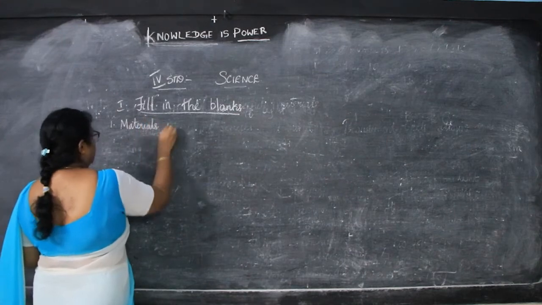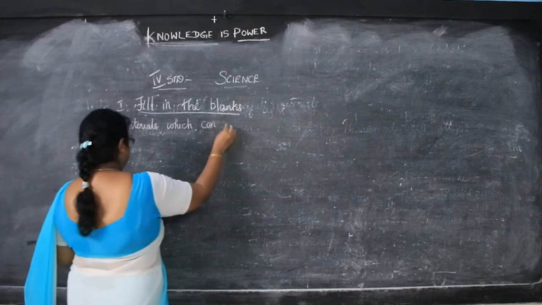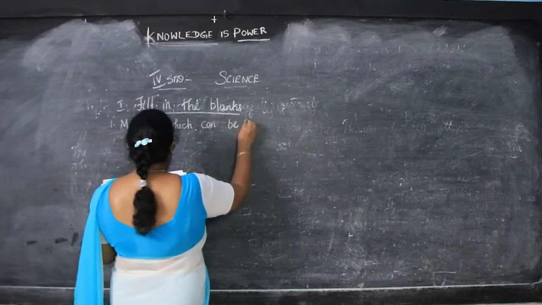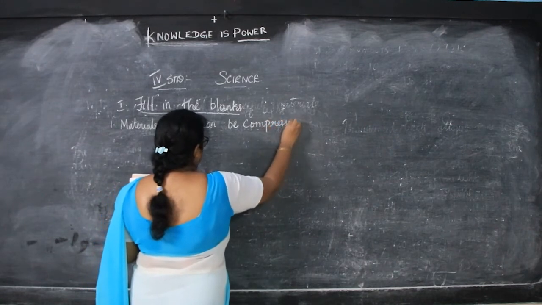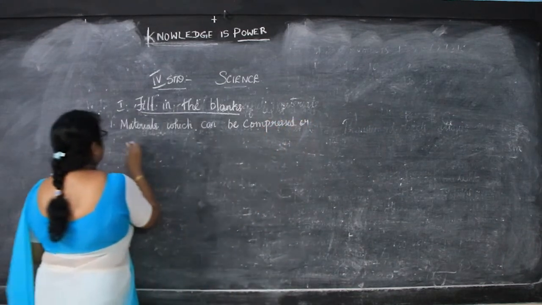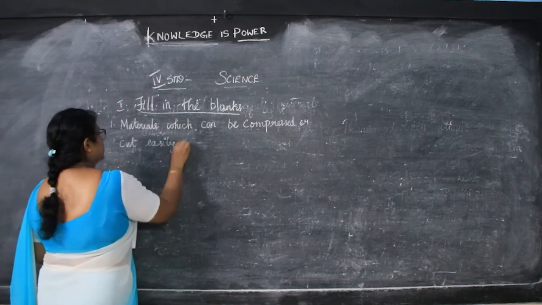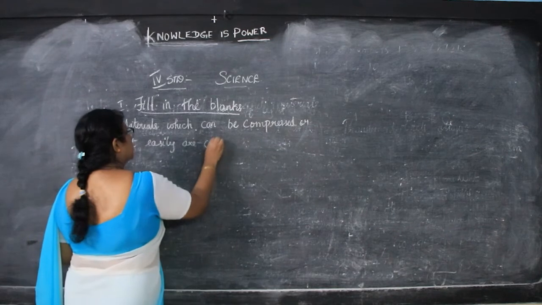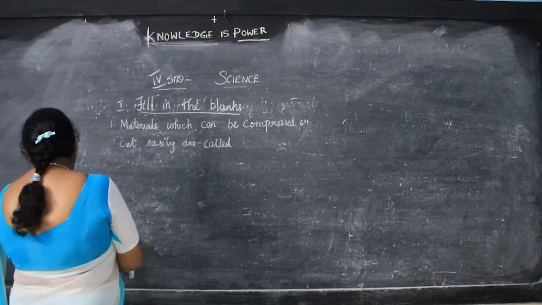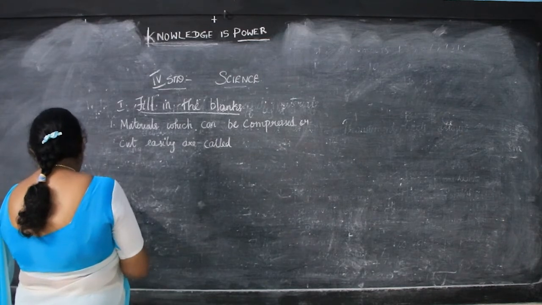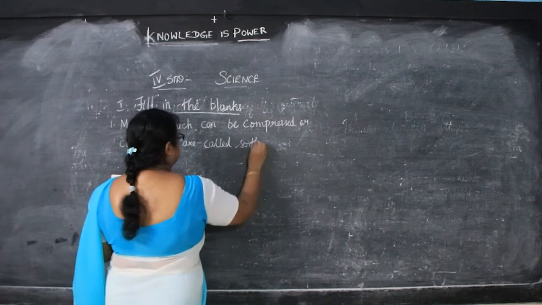Materials which can be compressed or cut easily are called, what is the answer, children? Materials which can be cut easily are called soft materials.